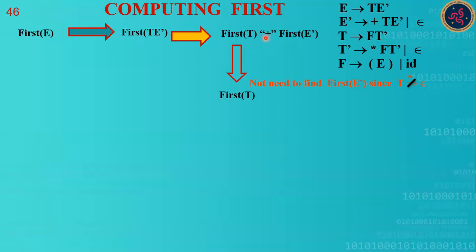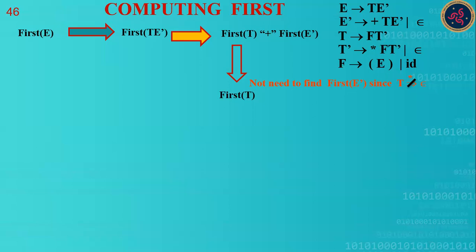Previously we took first of T and E prime. Here also we have to consider first of F and first of T prime, because we need to consider the chance of F being epsilon also. After that, when we check the production for F, we will know that there is no epsilon value for this F. So we can avoid the T prime.